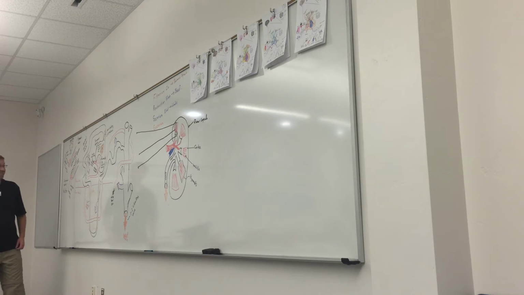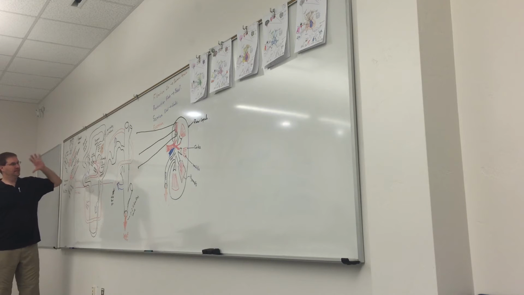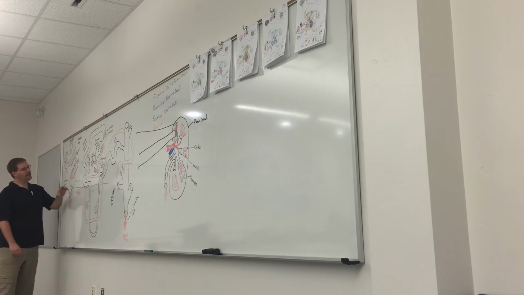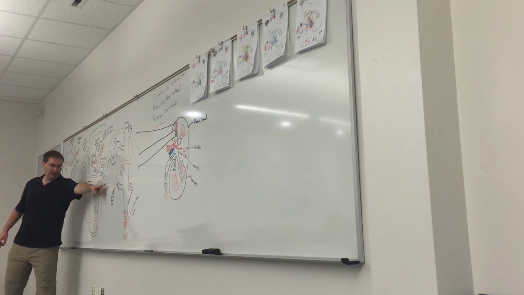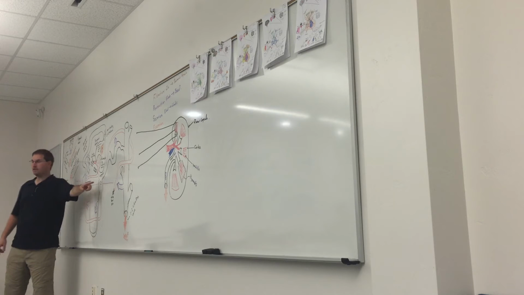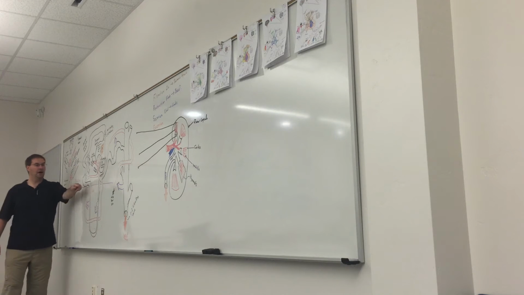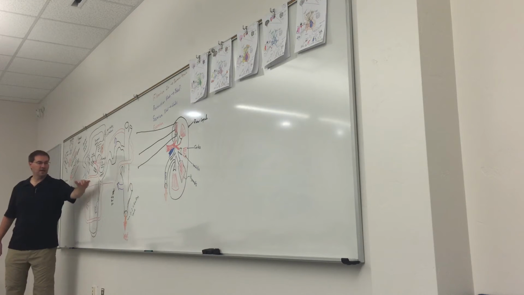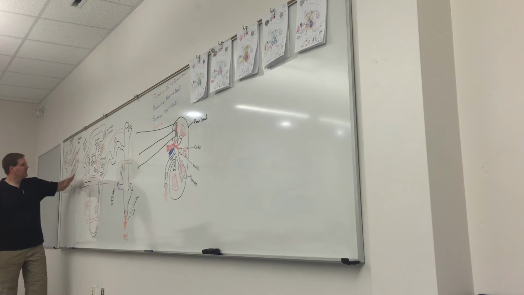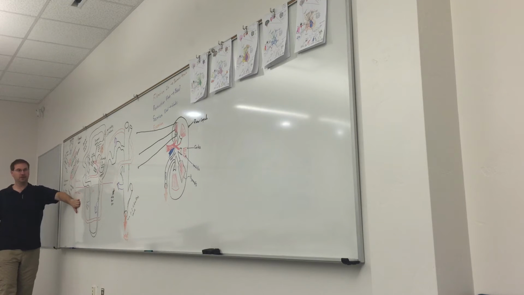All right, so what is left over after reabsorption makes it here. Do you see this straight line right here? You guys see that okay? This straight line delineates the renal cortex from the renal medulla.